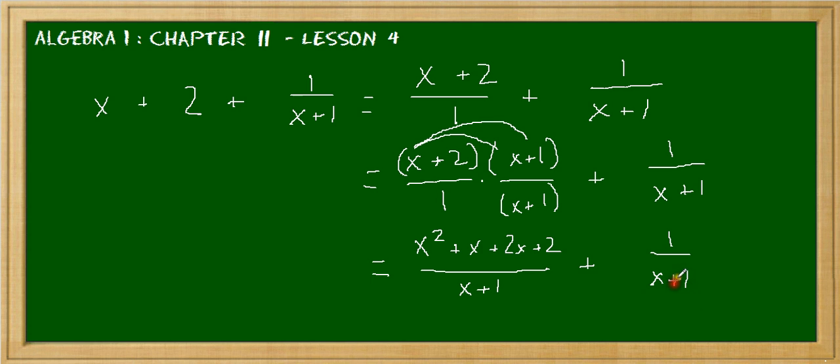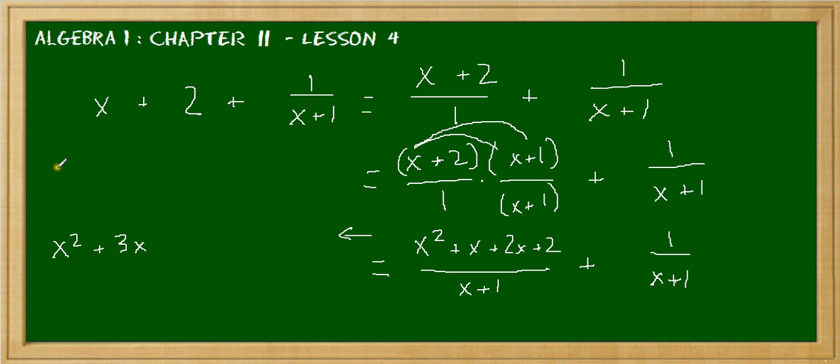Now, for the sake of simplicity, we need to add all of our like terms. Since we have like denominators, we can go ahead and just add all of these together. I'm running out of vertical room, so let's express this as x squared. I have x plus 2x, so that's 3x. And then I have a 2, and I'm going to add that 2 to the 1.